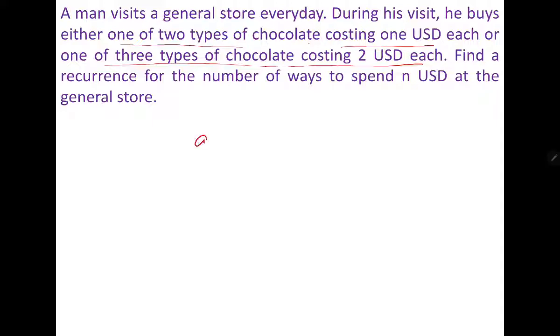If he spends $1, then the remaining amount can be spent in a_{n-1} ways, and if he spends $2, then the remaining amount can be spent in a_{n-2} ways, and there are three ways for spending $2 and two ways for spending $1.